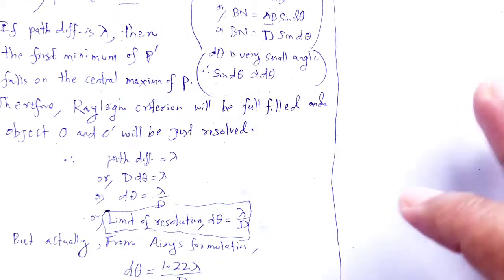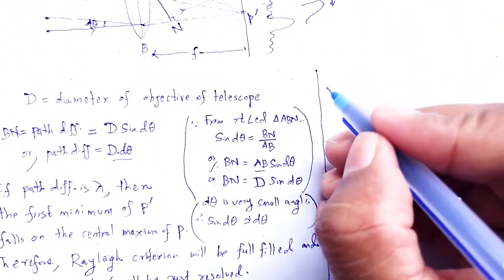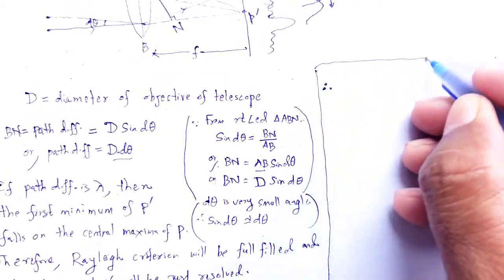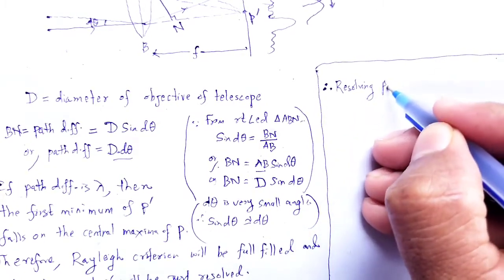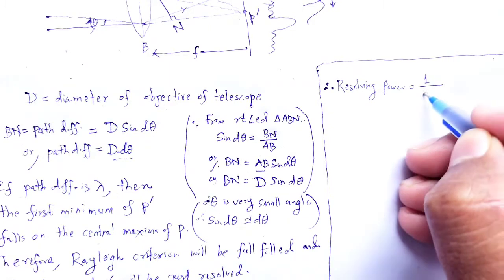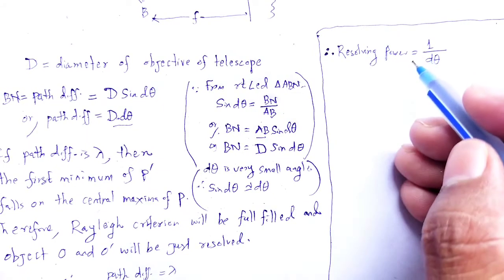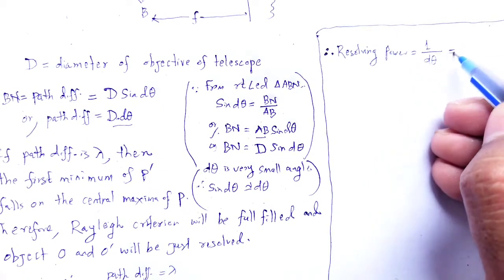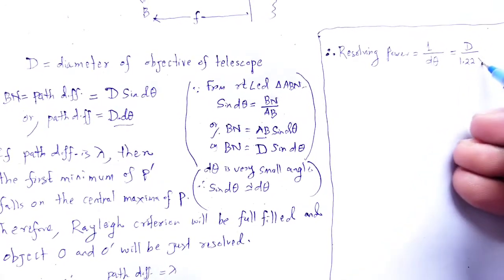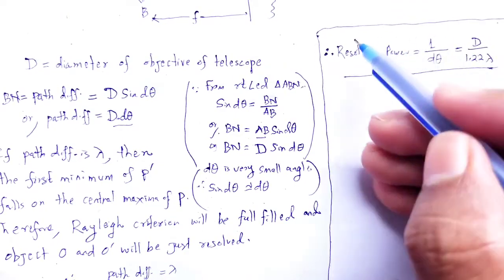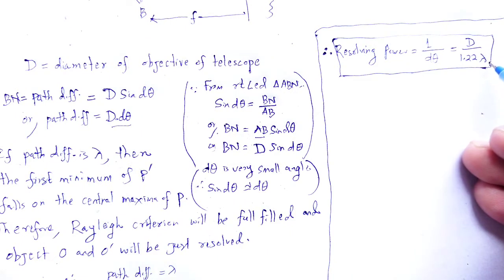The reciprocal of the limit of resolution is termed the resolving power. So the resolving power is equal to 1 by d theta, the reciprocal of the limit of resolution, which is equal to D divided by 1.22 lambda.